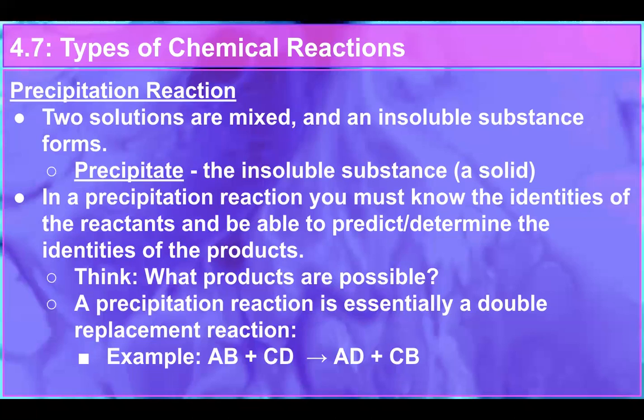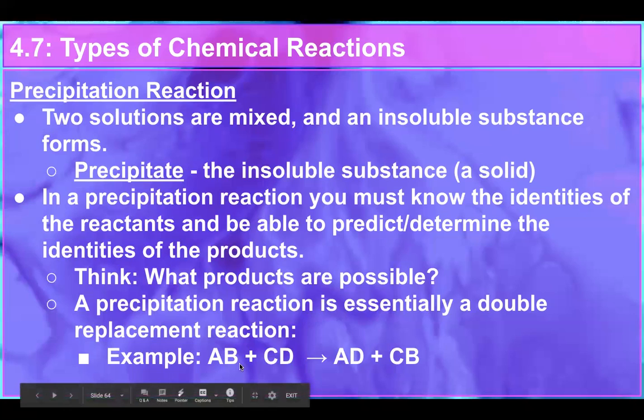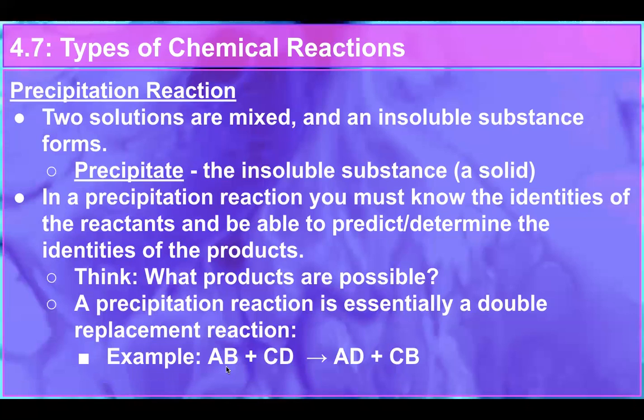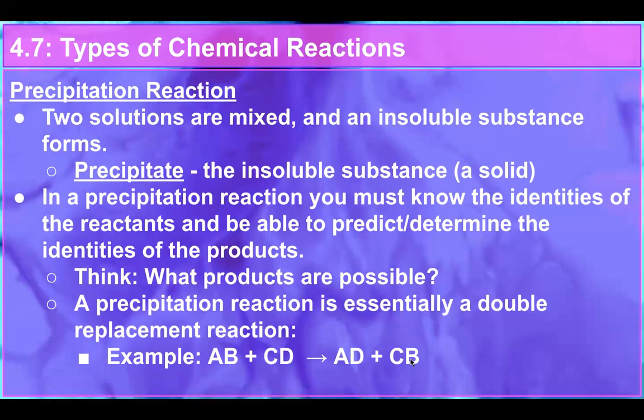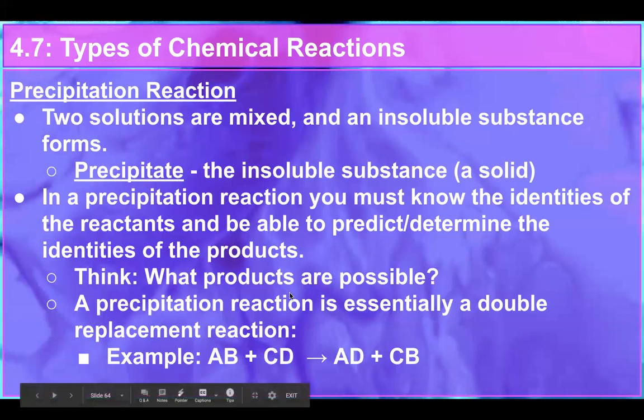So the ions that come together out of necessity would have to be oppositely charged. Okay, so we would see a double replacement reaction where if we have AB as our one solution and then CD as the other one, we would form AD and CB. So either AD or CB would be our insoluble precipitate.